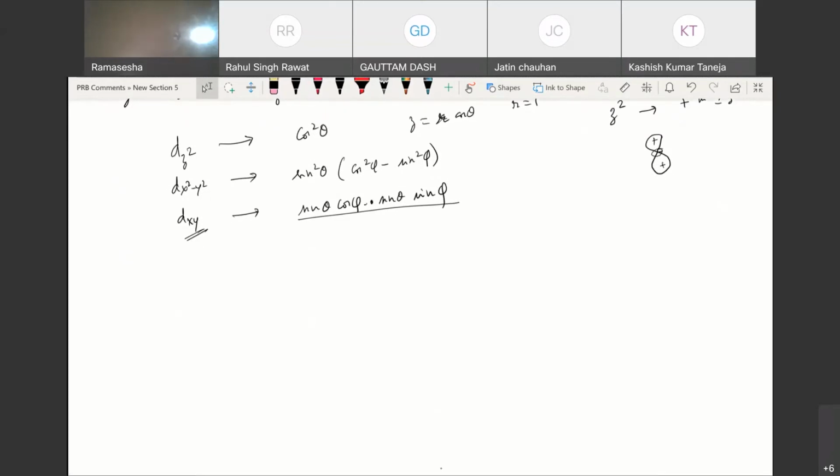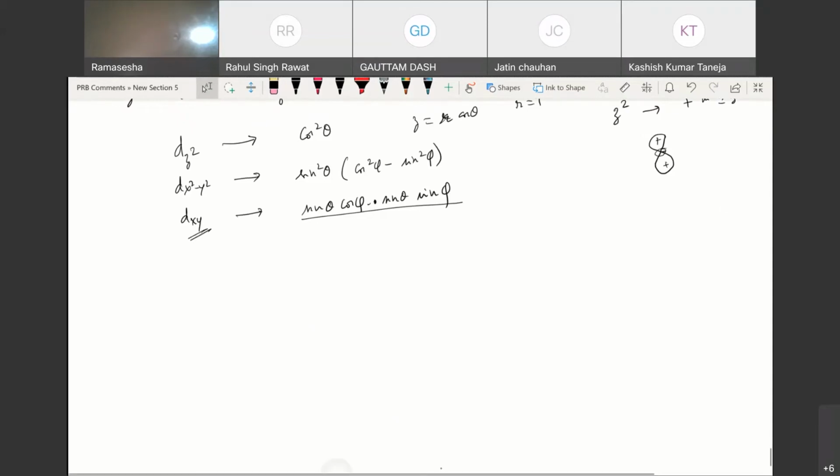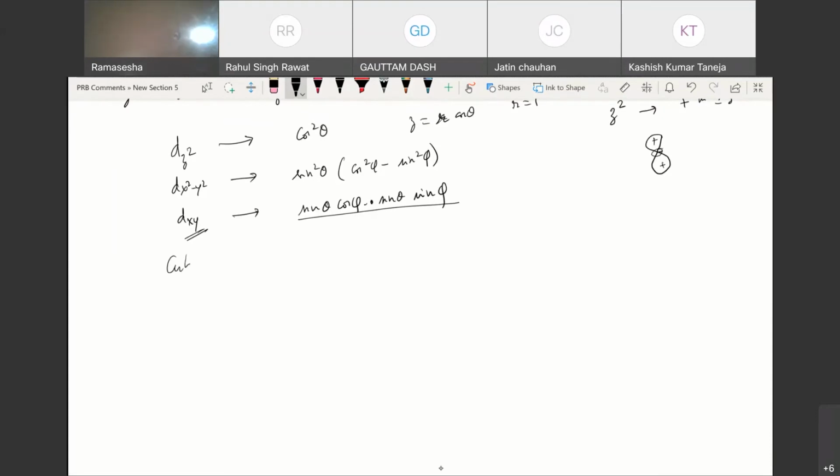So this way, for spherical harmonics, there are some more that one should worry about, because all these have a cumulative power of 2. That's why they are the second degree cubic harmonics.